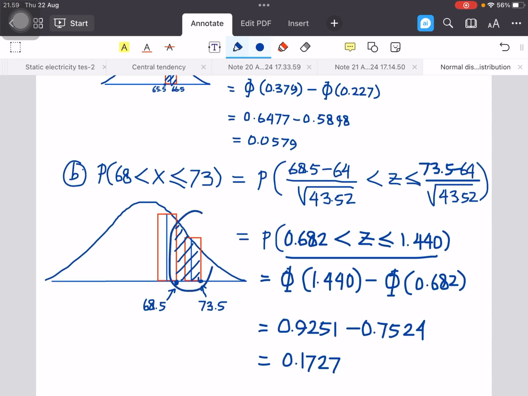So this area can be found using phi(1.442) minus phi(0.682), which is equal to 0.9251 minus 0.7524. These values can be found from the table. The final answer will be 0.1727.